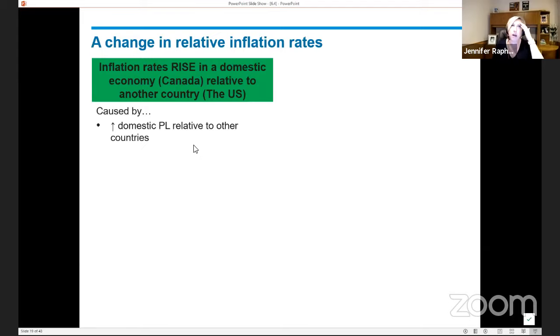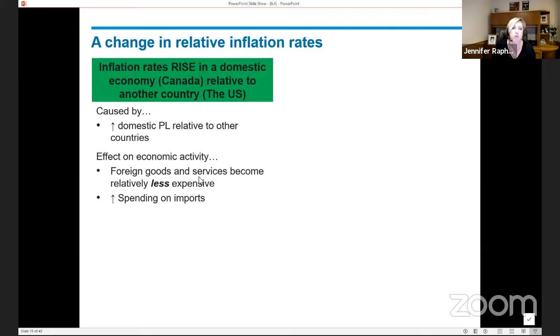You want to think, okay, how does a change in the price level affect economic activity? So foreign goods, when there's an increase in the rate at which prices are increasing in one country relative to others, it means that that country's goods and services are relatively more expensive and imports become relatively less expensive.